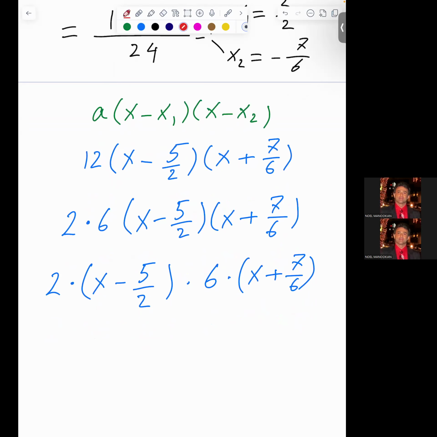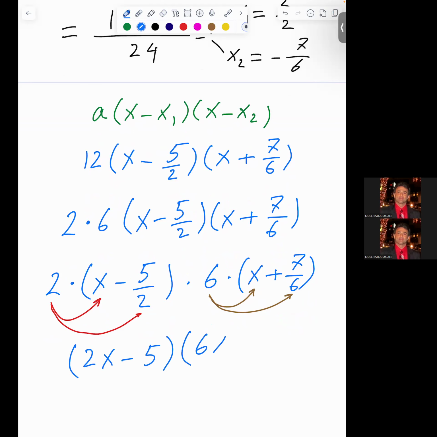At the end, you're going to distribute 2 over the parentheses. You're going to get 2 times x, 2x, minus 2 times 5 halves gives you 5, and same thing for 6. 6 times x, 6 times 7 over 6.